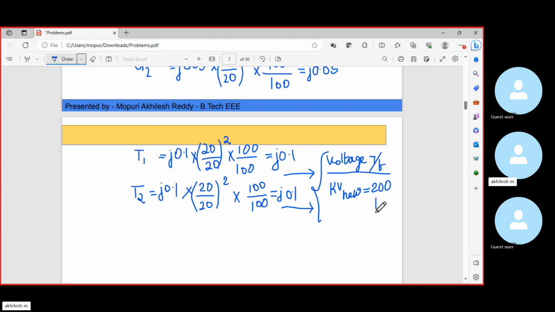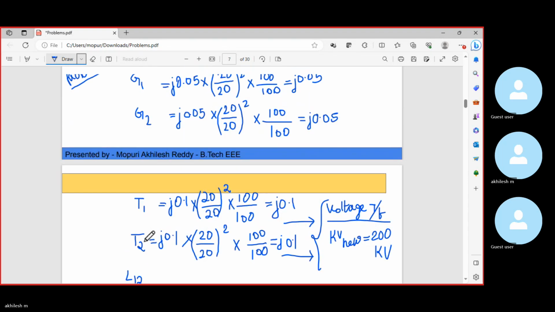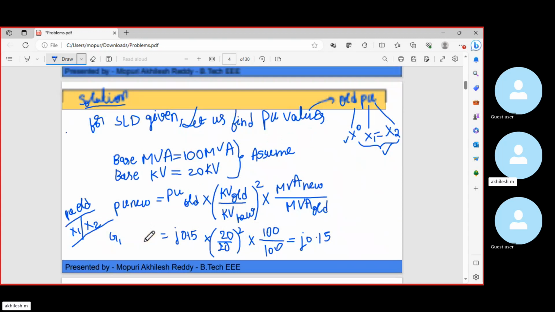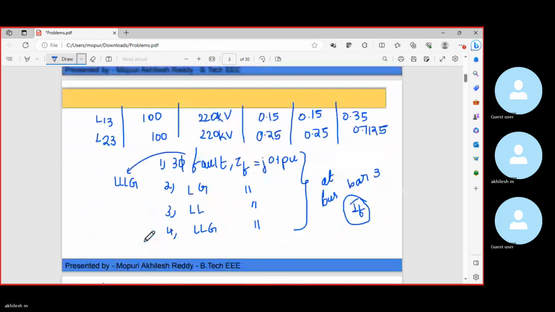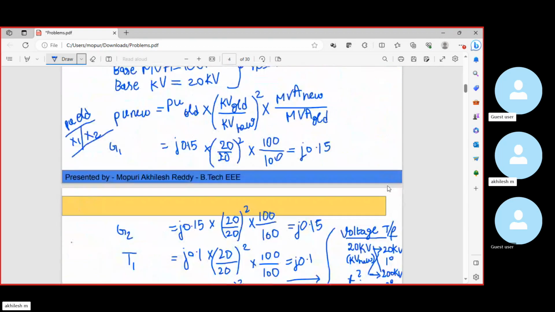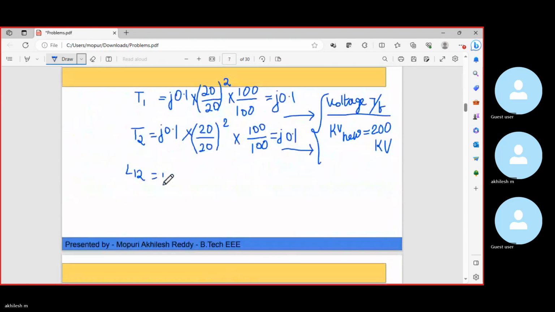Now what we need to do? Let us go for line 1, 2, for L12. What is my old per unit value with respect to zero sequence? For L12 it is 0.3, so it is j0.3 into the old kV rating for L12, 220, divided by 200 whole square into 100 by 100.